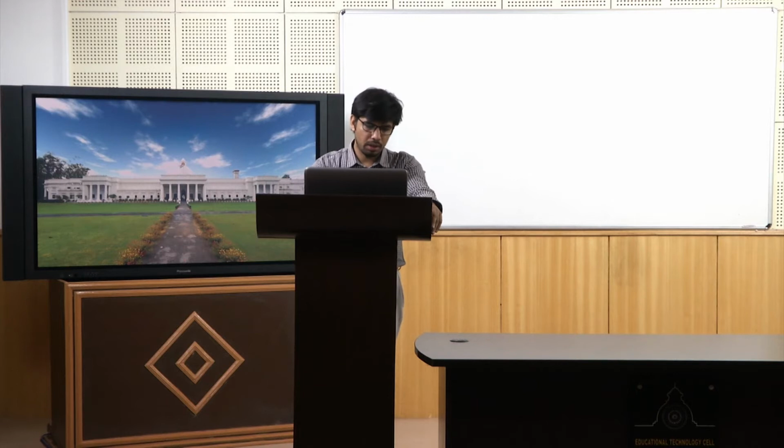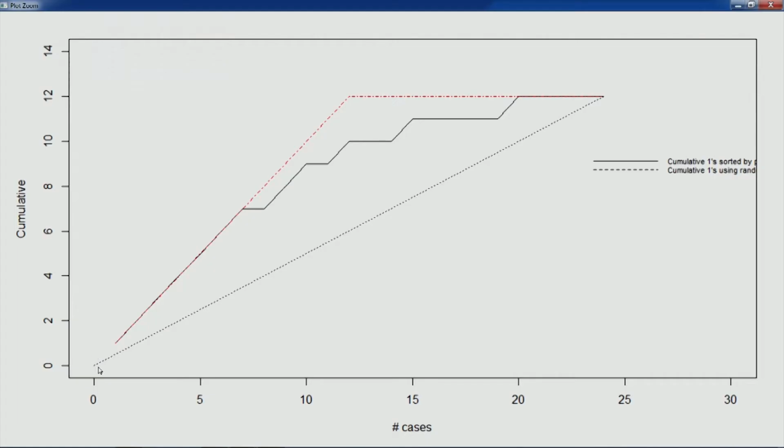So when we have 0 observations, this reference line will start from 0 and 0, no records and no identification, no classification. As we move to all the records, that is 24 observations in this case, you would see in the data set we had 12 owners and 12 non-owners.